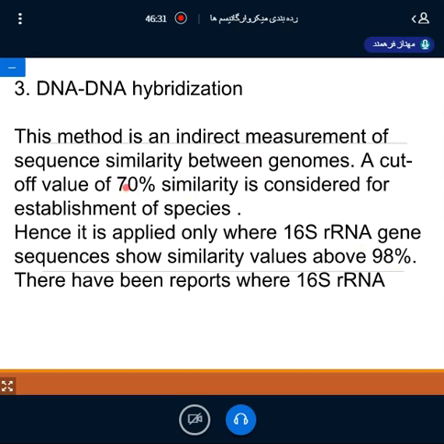So you can see the percentage in DNA hybridization is different from 16S rRNA. Upper than 98% is equal to upper than 70% similarity between species. So we can say they are the same species, not different species.